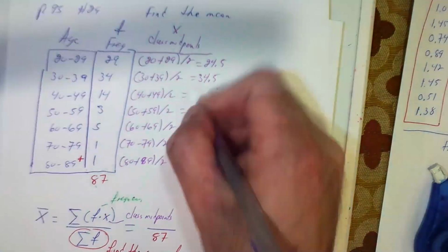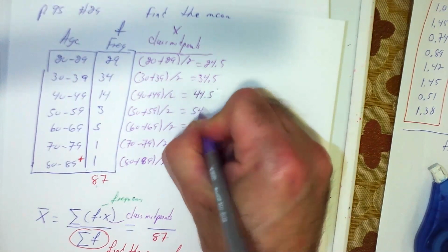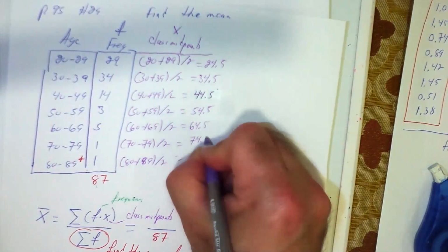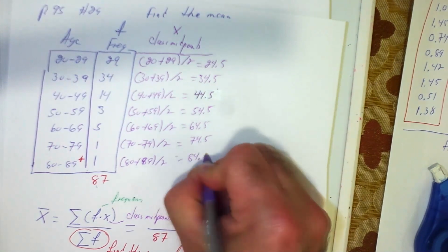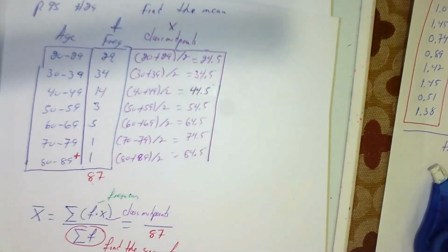Just a habit. 44.5, 54.5, 64.5, 74.5, 84.5. Bam! There are all your class midpoints.